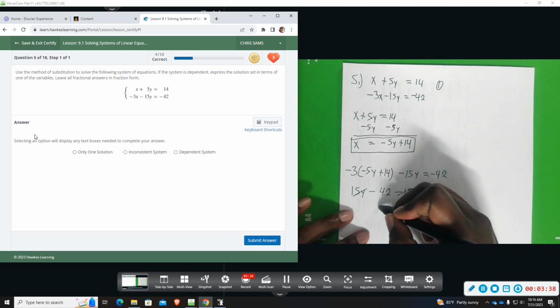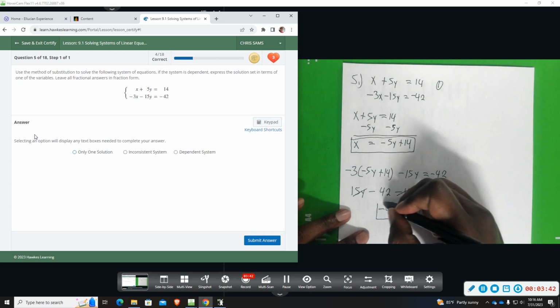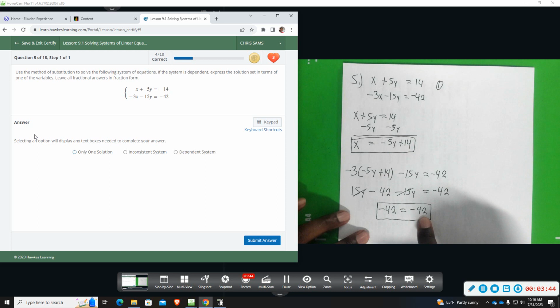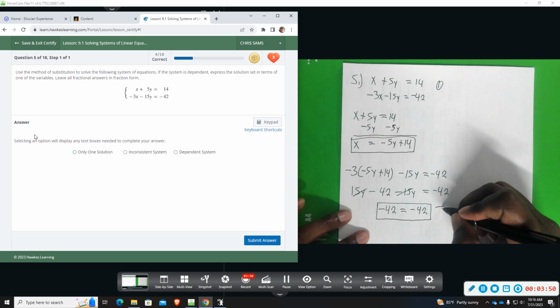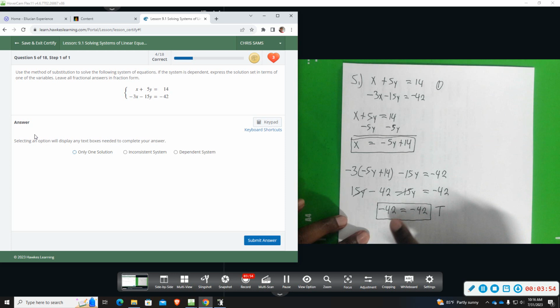So if all of your variables get eliminated, and what you end up with is a true statement, then that means there's infinitely many solutions.